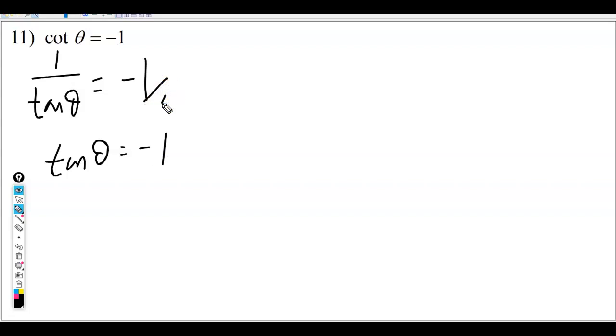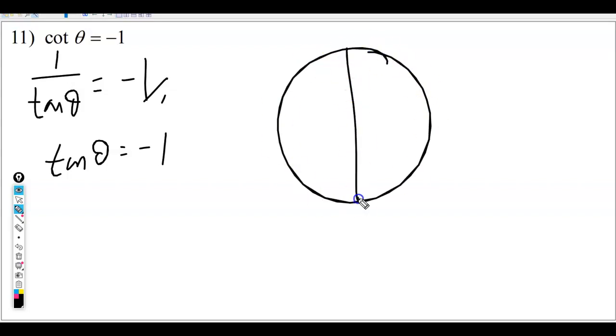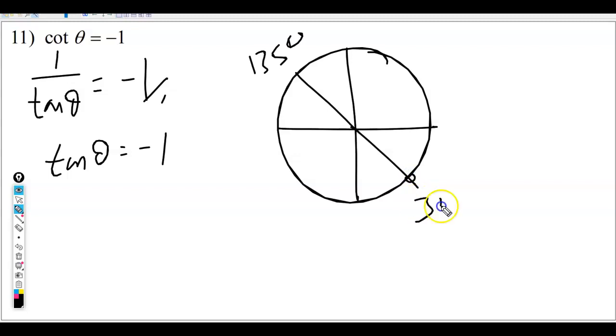Negative 1 over 1, if you flip it over, you still get negative 1. So we've got to ask ourselves, where does tangent of theta equal negative 1? If we look at our tangent circle that we made in class, you're going to find tangent equals negative 1 here, which is at 135 degrees, and it also equals negative 1 directly across from that at 315 degrees. There's your two answers.